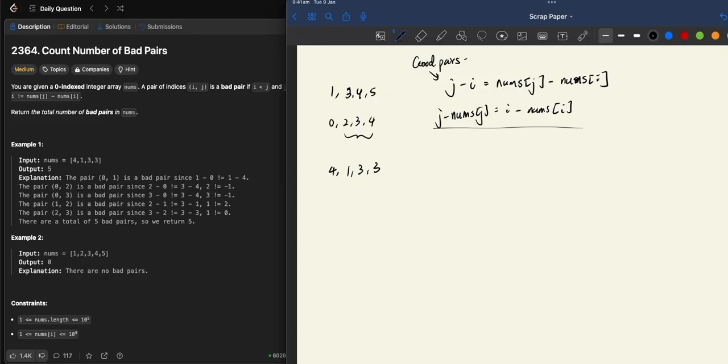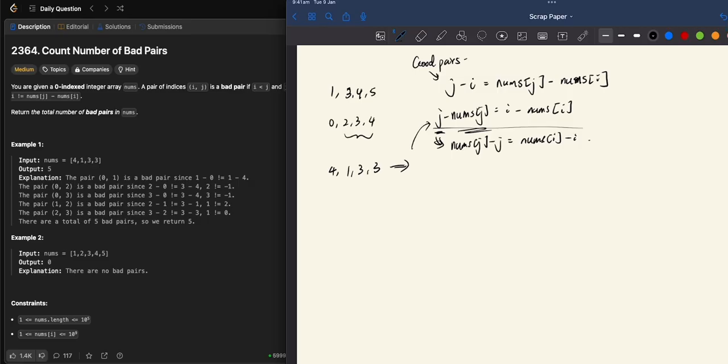So how we do this is we use this formula, right? j is the index, this is the actual number. So let's map it so that, well, we can turn this formula into nums[j] minus j equals nums[i] minus i, right? That makes sense, right?